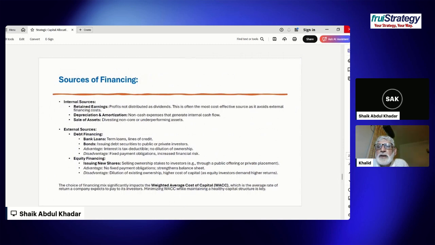So this slide actually tells you about the sources of financing capital budget, or capex, or future investments. So some of the internal resources include retained earnings. So you made profits, but you have not distributed them as dividends, and this is the most cost-effective source as it avoids any external financing cost.